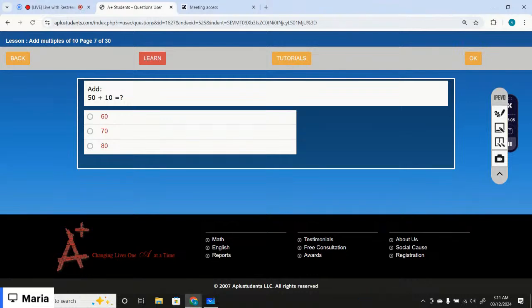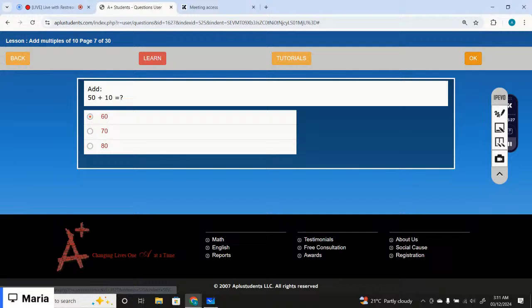50 plus 10, which is the correct option? That is 60.